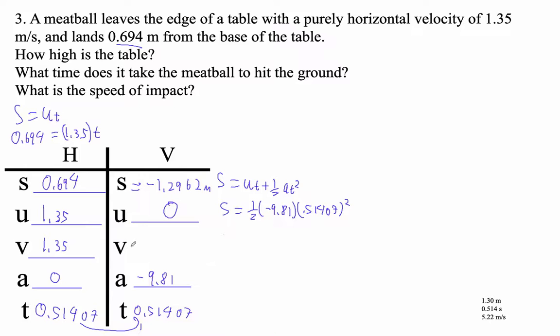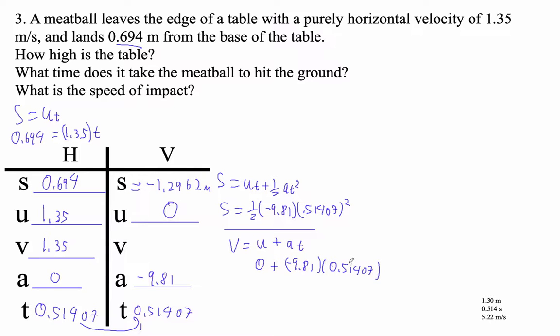All right, and to find the final velocity, important stuff here. V is U plus AT. So 0 plus negative 9.81 times 0.51407.